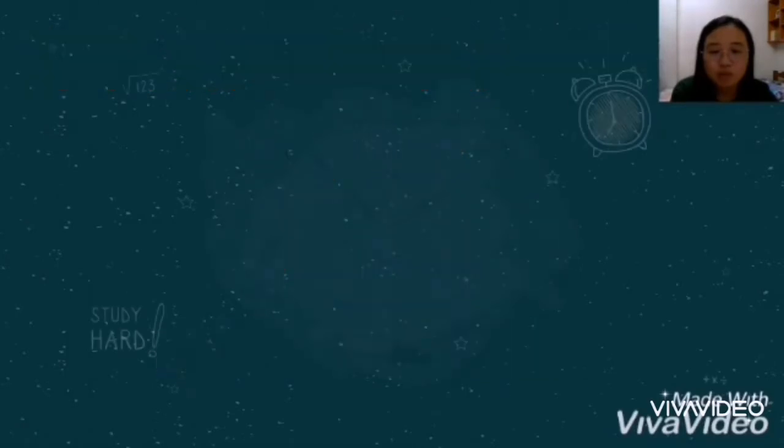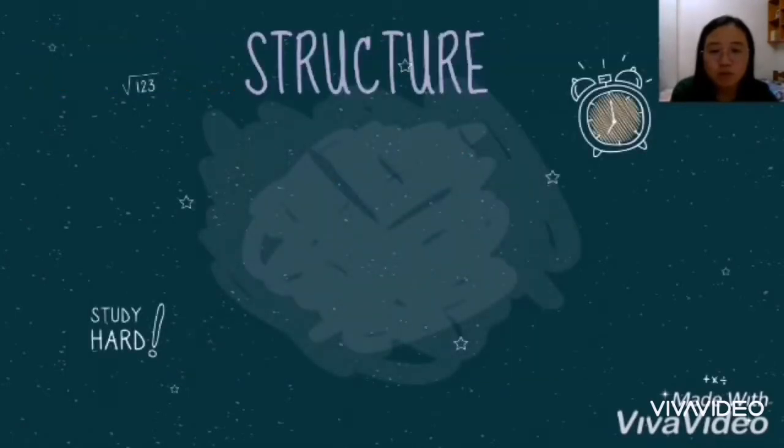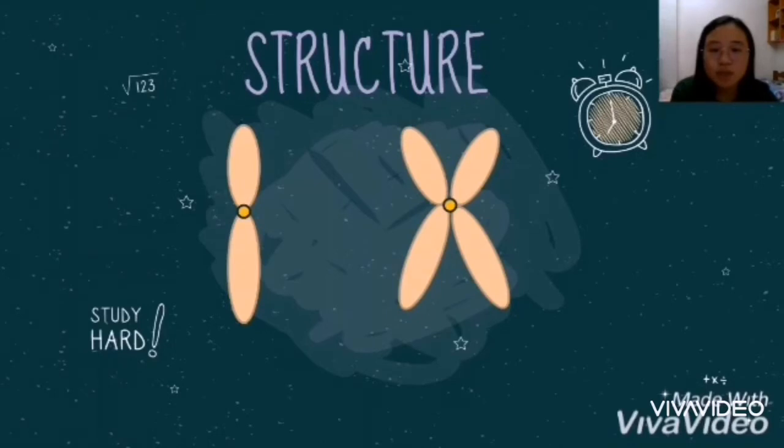Now, we proceed to the structure of chromosome. The chromosome at the left side is not duplicated, while at the right side is the duplicated copy attached to itself. So, these are the duplicated sister chromatids which are attached to the same chromosome. This is known as the P arm and this is known as the Q arm.